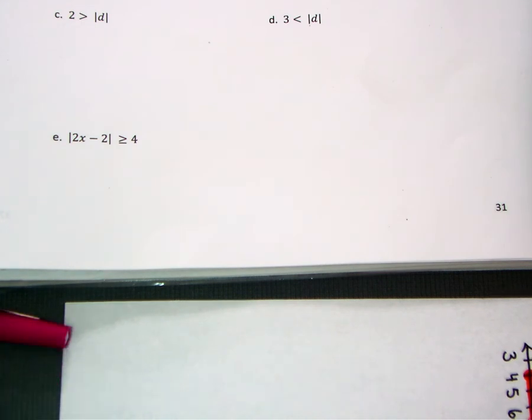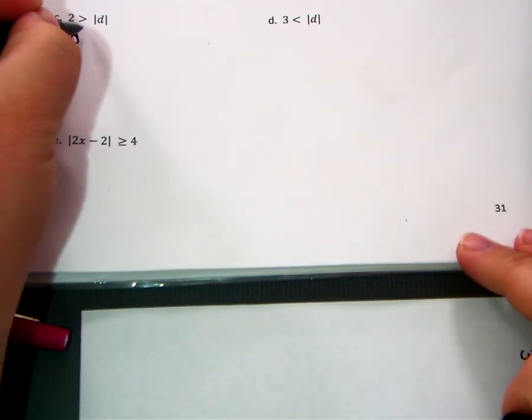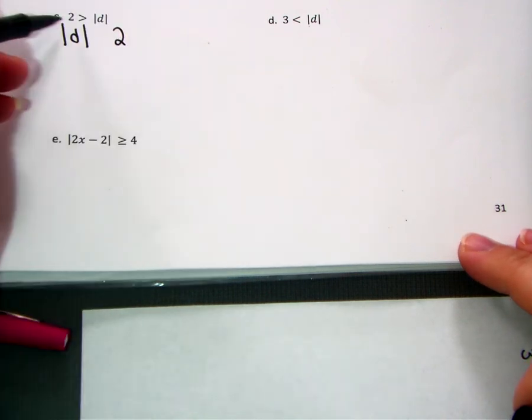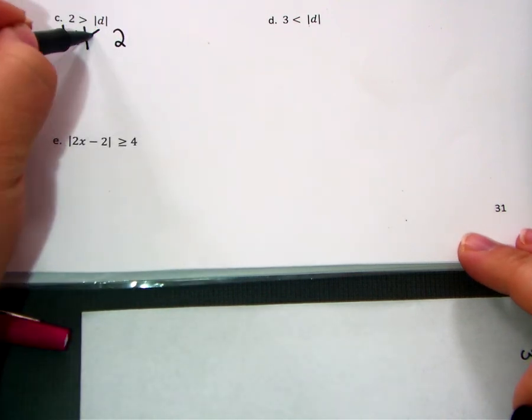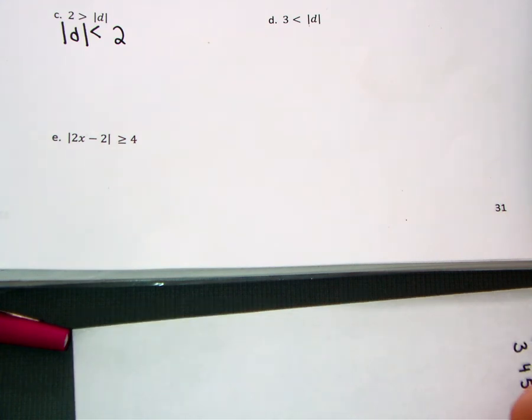So we're going to rewrite C, absolute value of D, and 2. It's opening away from the 2, so it needs to continue to open away from the 2. So I have the absolute value of D is less than 2, meaning that this is an and problem.